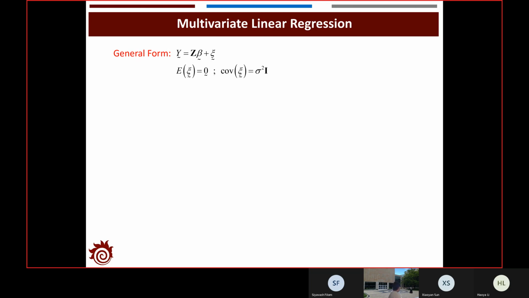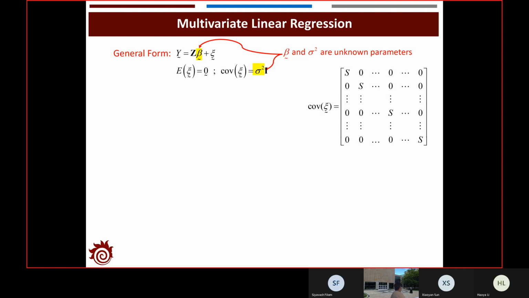And also, the variance of each random term will be the same for all the n observations. So those are the assumptions we made for the linear regression. We have to make sure that these two conditions are satisfied before we do any calibrations of the regression. And let me give you the idea about what the covariance matrix looks like.